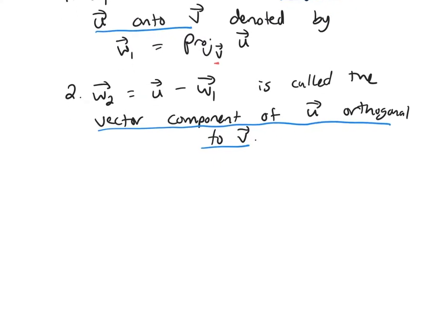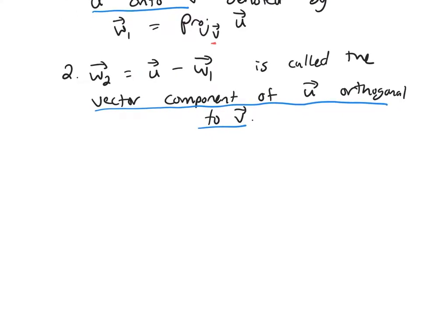So let's look at a picture here. Let's say I have my vector V here, and then I have my vector U here. Ideally, I should draw maybe a little bit straighter of a line here. There we go.